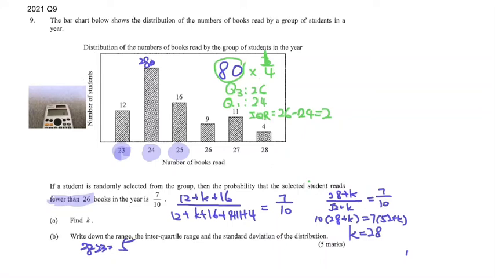Then first click the number of books, because these are something you have to input first. 23. We enter 23, then shift comma, so you get the semicolon. And how many 23 do we have? We have 12. So 23 semicolon 12, and then click M plus.